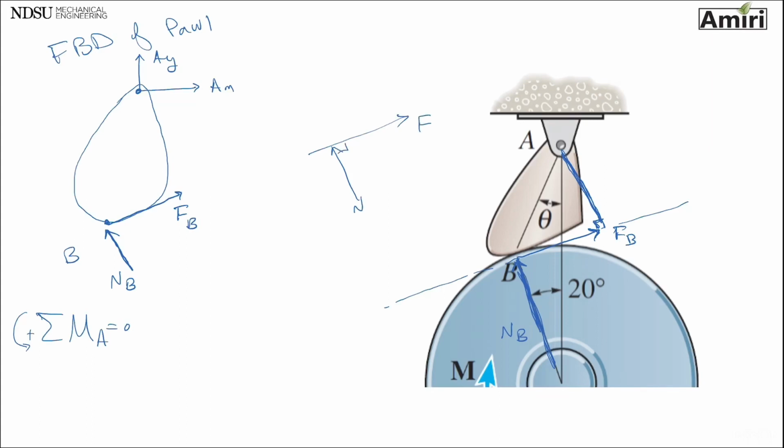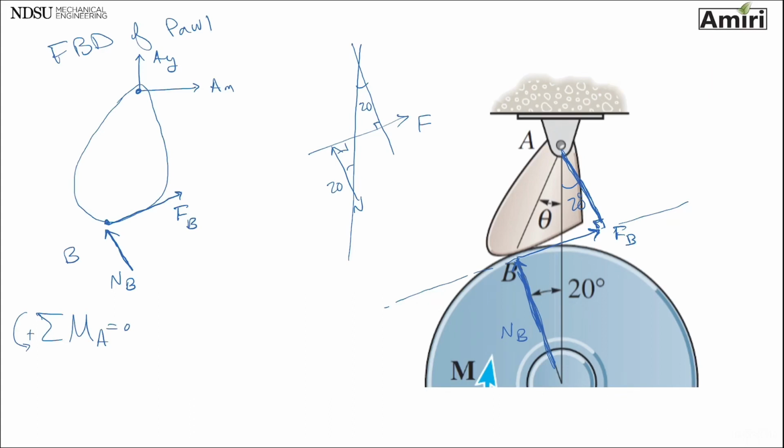N, F, there's 90 degrees. So this line that makes an angle of 20 right here will make an angle of 20 right there when it's perpendicular. Okay, that's all I wanted to show on this diagram, that is 20 degrees.